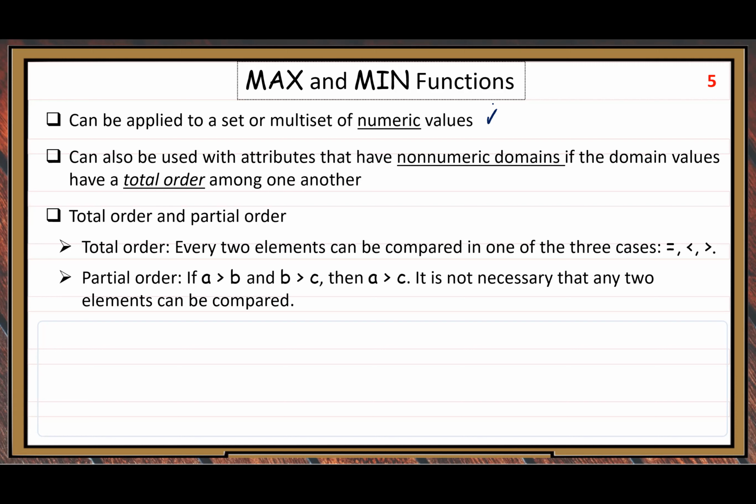So that's pretty straightforward. But fortunately, most of the time we have the total order. String values, alphabetic order, that's a total order. Date of birth, dates, we have an order defined. And some certain domains.